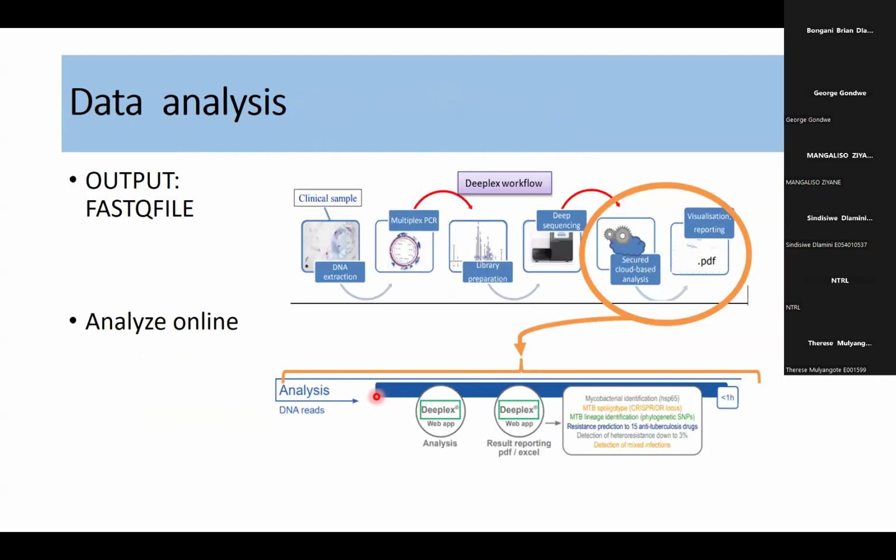So once we finish sequencing, we have our data. So the data is called FASTQ files. So this is still the basic workflow, and then here it is expanded to say under data analysis. Once we get our files, which we call FASTQ files, we upload them on the duplex web, and then it does some analysis. I will show you the results just very soon.